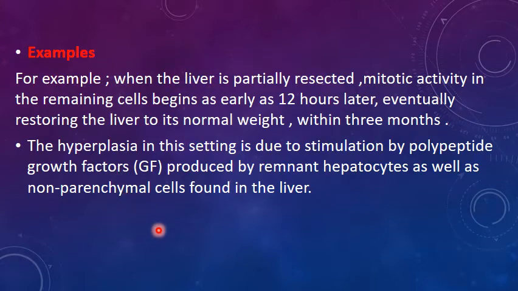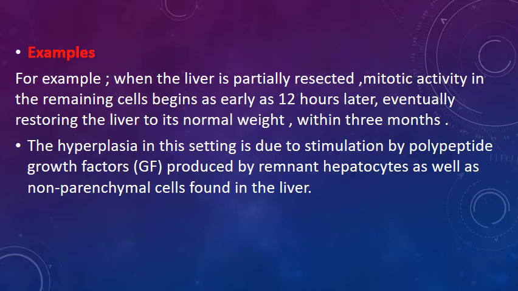The hyperplasia in this setting is due to stimulation by polypeptide growth factors, which are produced by the remnant or adjacent hepatocytes, that is, the normal or remaining hepatocytes that were not resected, of course, and also by the non-parenchymal cells found in the liver. You know, there are parenchymal cells in the liver and non-parenchymal cells in the liver.